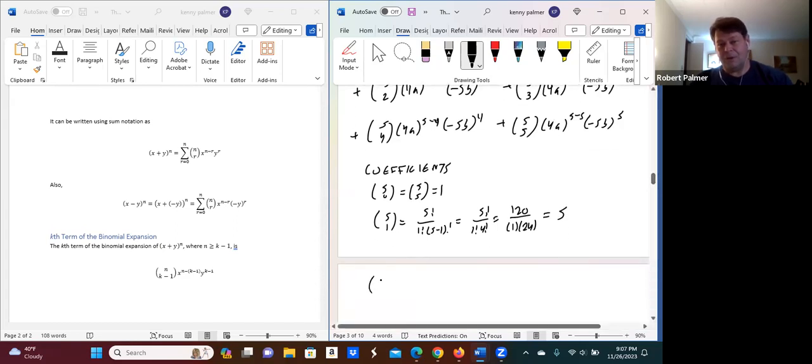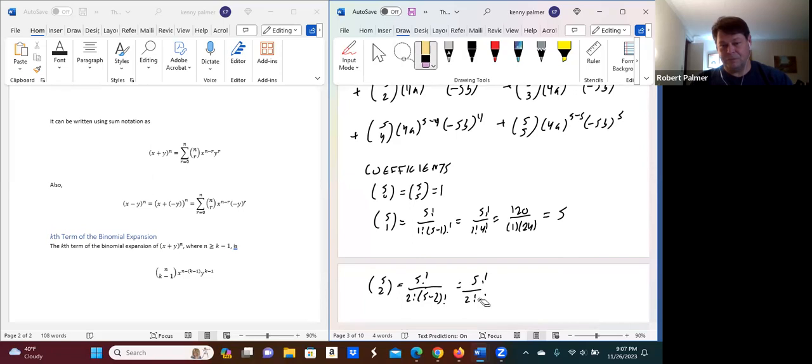Okay. Now, 5 over 2, same idea. So 5 factorial over 2 factorial times 5 minus 2 factorial. And so that's 5 factorial over 2 factorial times 3 factorial. So that's going to be 120 over 2 times 6.